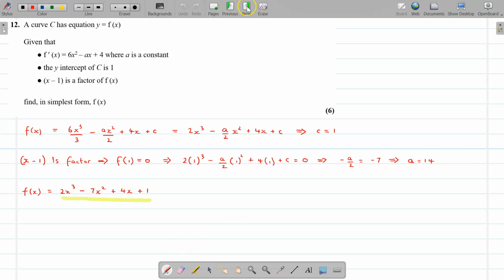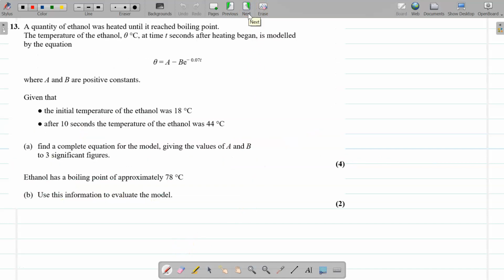Okay, next question. Now this is about exponential growth or change. It's to do with the temperature of ethanol as it's heated up. Okay, and we've got some boundary information here, and we're told that theta operates according to this equation here, and we've got to find the values of the constants a and b. So what I'm going to do is consider the initial situation when t is 0.